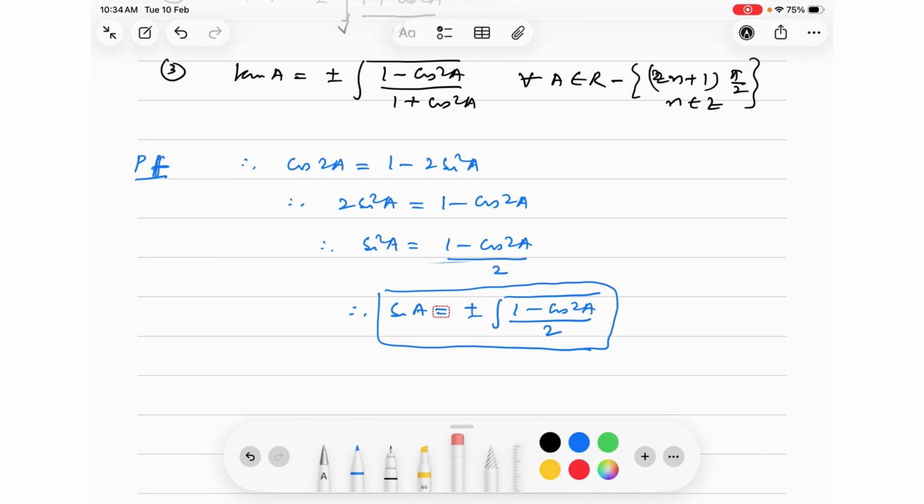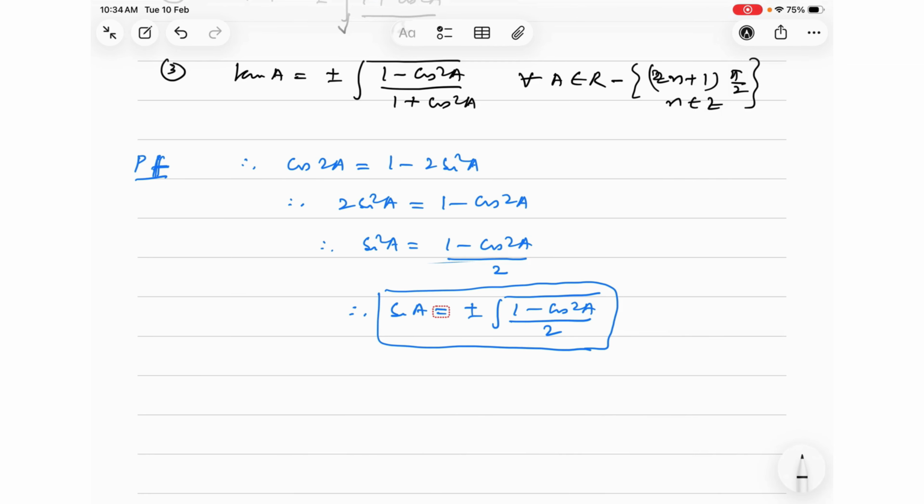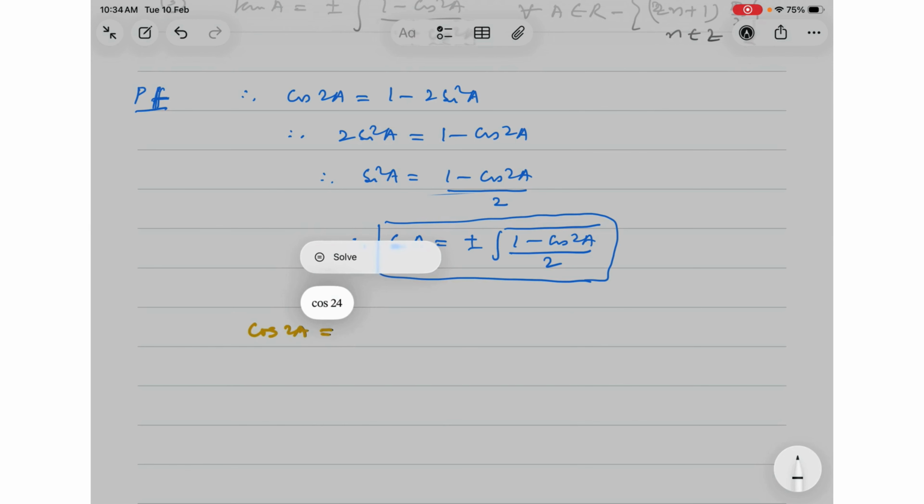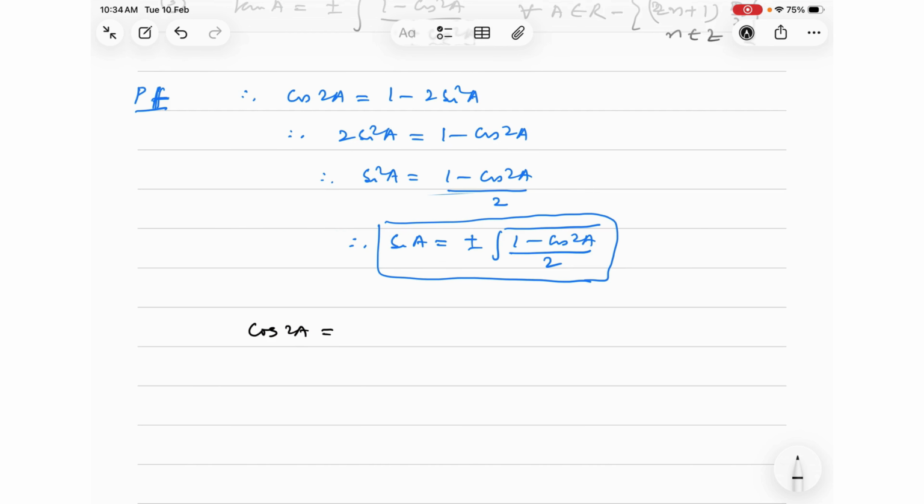Now the second result. Cos 2A is 2 cos square A minus 1. So from here, 2 cos square A is equal to 1 plus cos 2A.